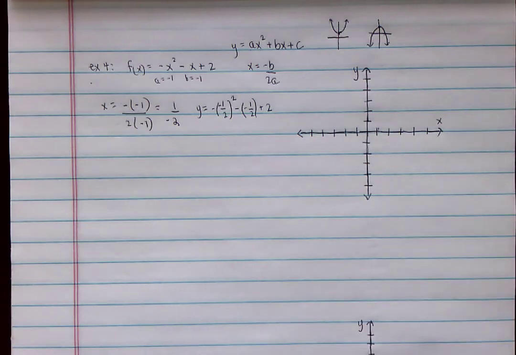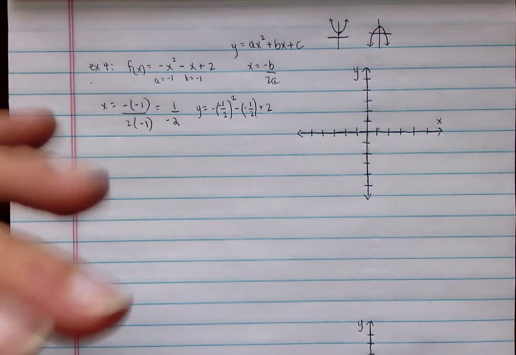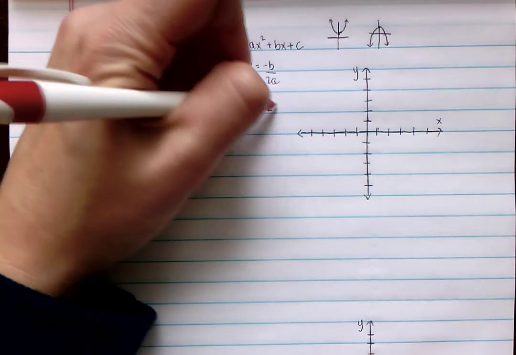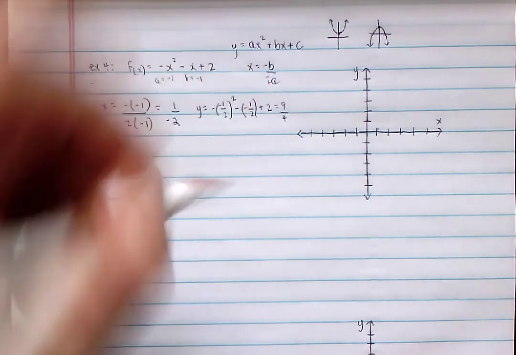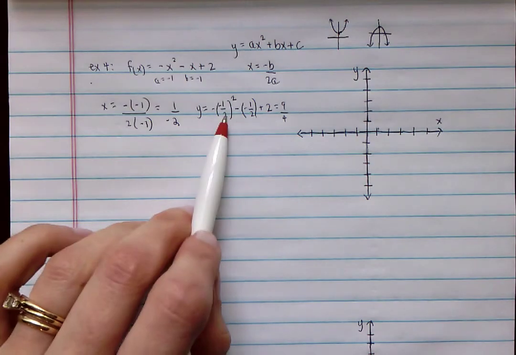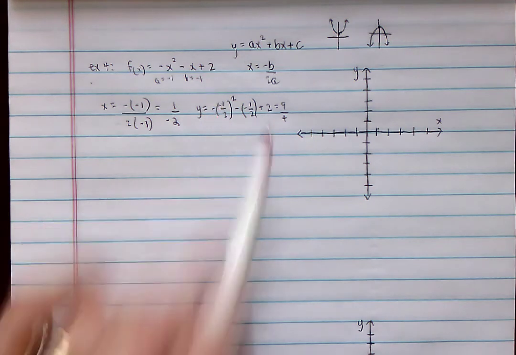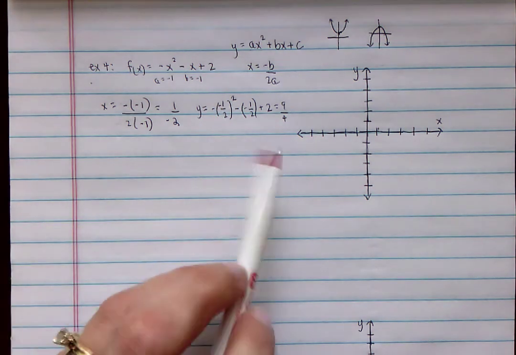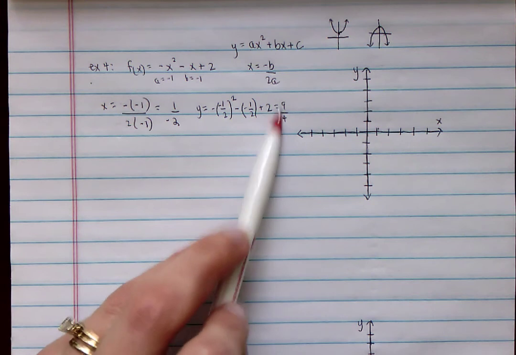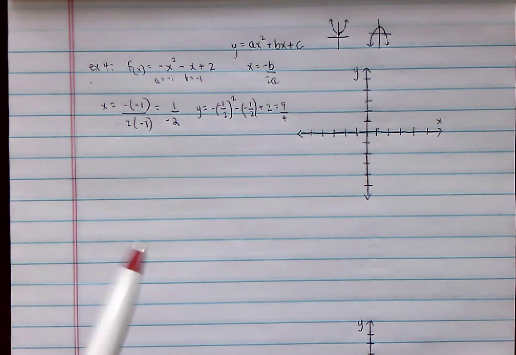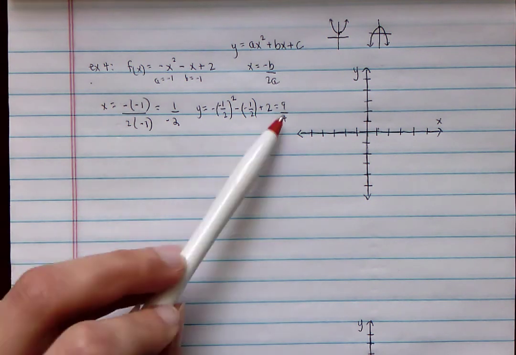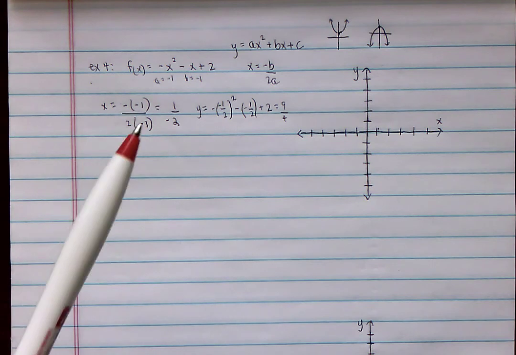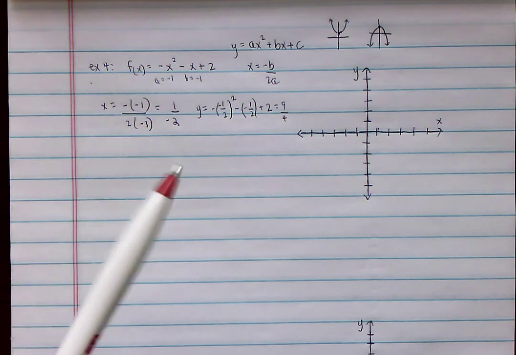I won't go into too much detail, but it ends up being 9/4. If you multiply that out, remember, do exponents first, and then you'll have to get a common denominator of 4, but it ends up being 9/4. I'm going over that quickly because I'm running out of room, and want to make sure this video is not too long.